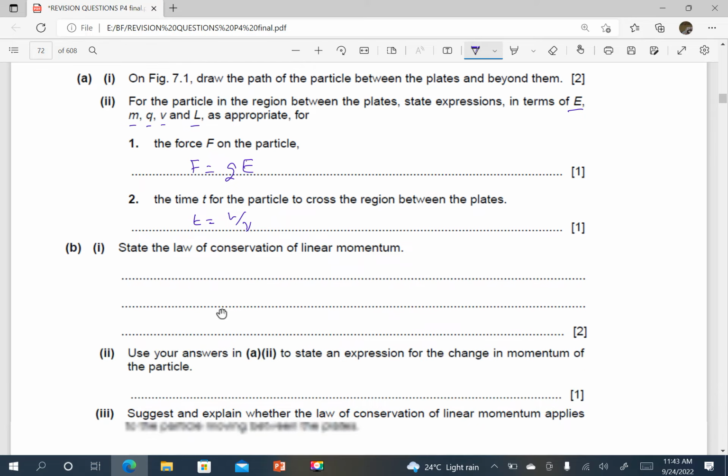State the law of conservation of linear momentum. We know that for an isolated system of interacting bodies, the total momentum is always constant.